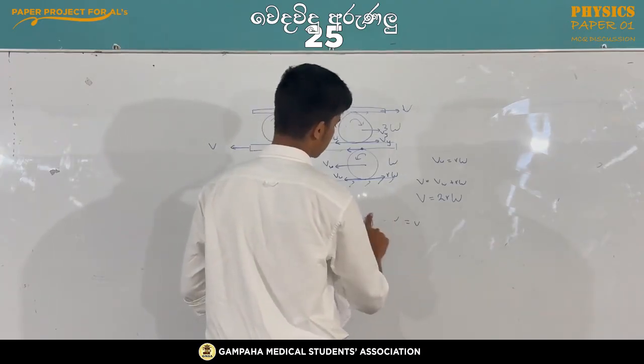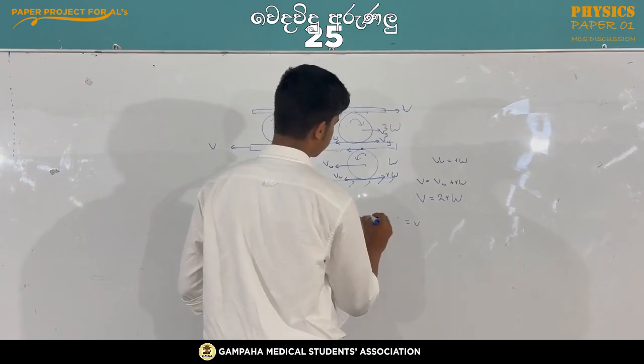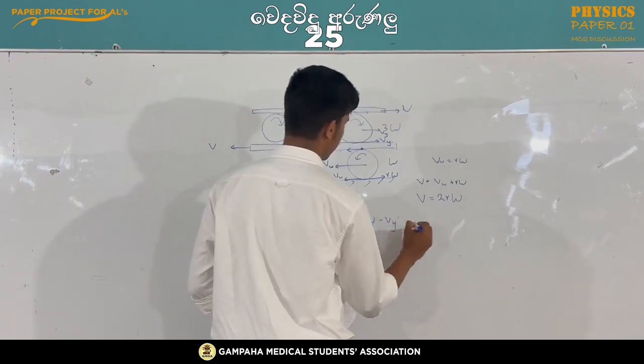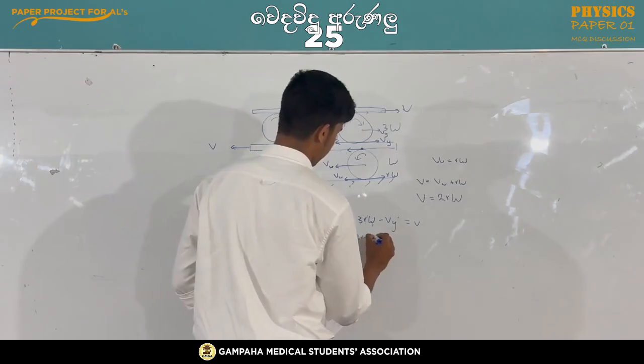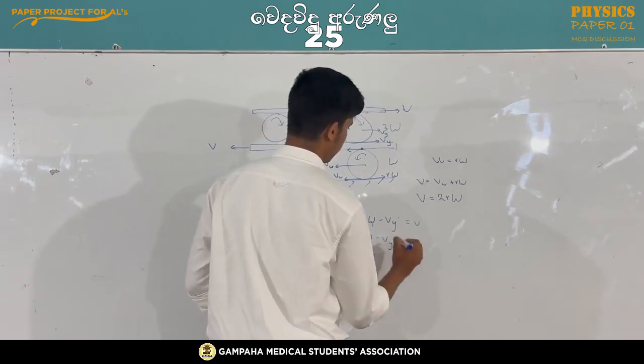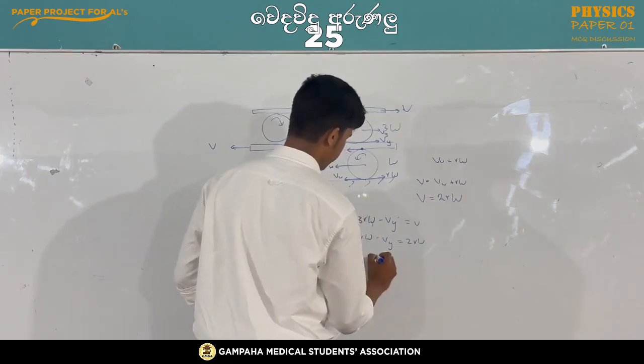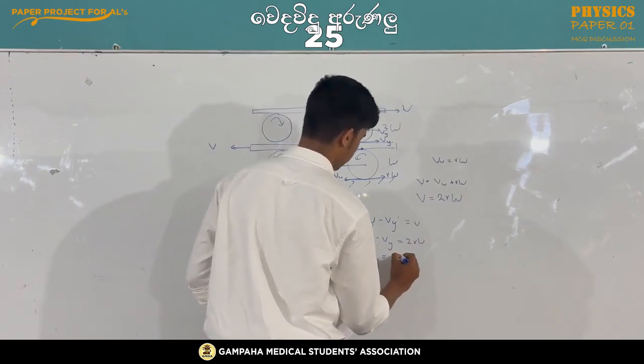Since we know that v is 2r omega, we can consider v_y as r omega.